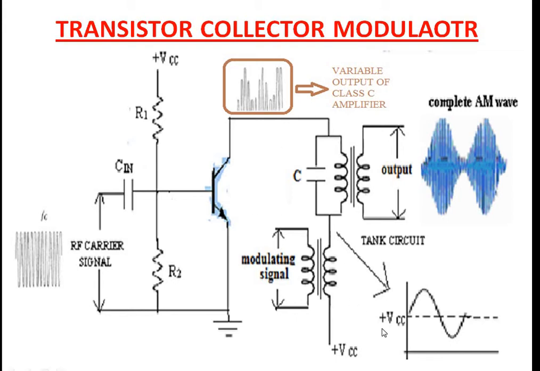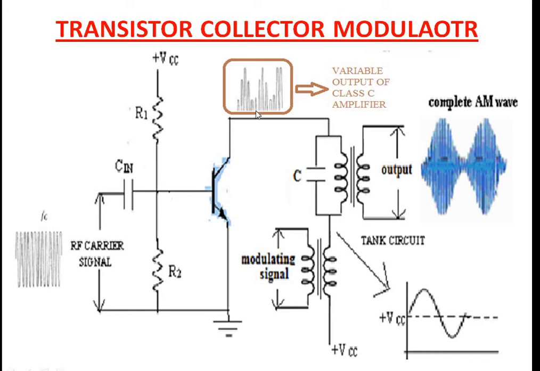So when a variable reverse bias is applied to the collector terminal and an input of frequency FC is fed to this class C power amplifier, it produces current pulses which are not a complete cycle, only a part of one half cycle. These current pulses vary in accordance with the applied modulating signal's amplitude.